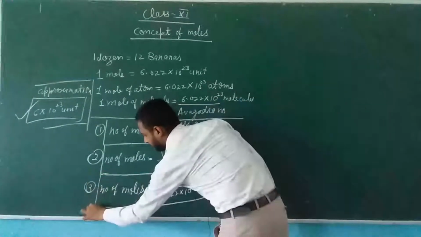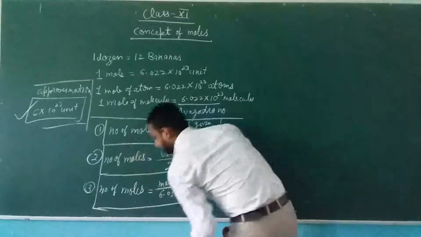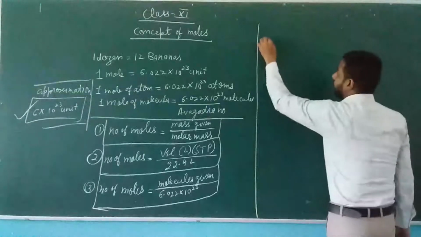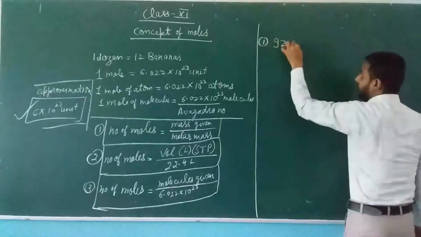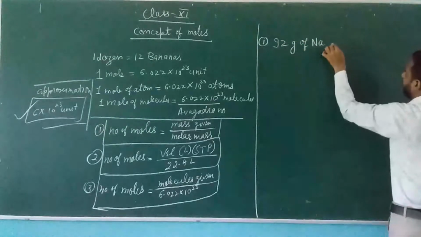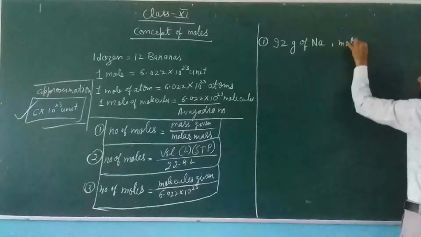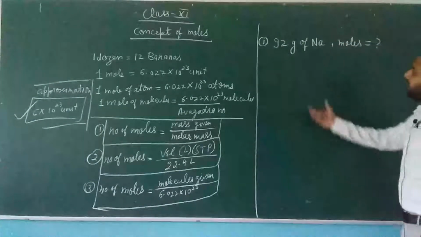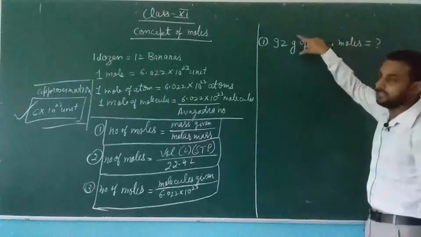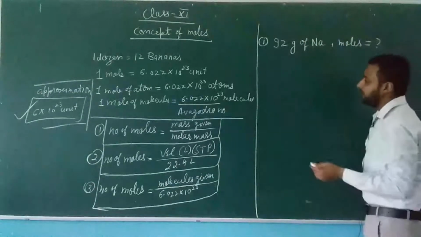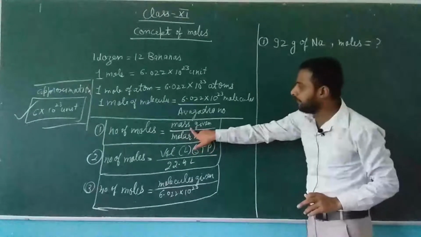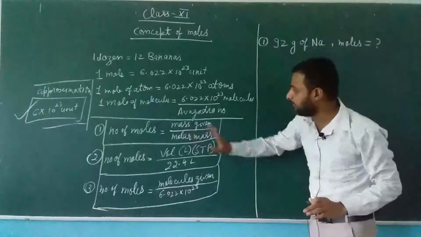Now I am going to solve some questions. Question number 1: if we have 92 gram of sodium, then find out the number of moles present in 92 gram of sodium. Here mass is given, so we can use this formula, number of moles is equal to mass given upon molar mass.